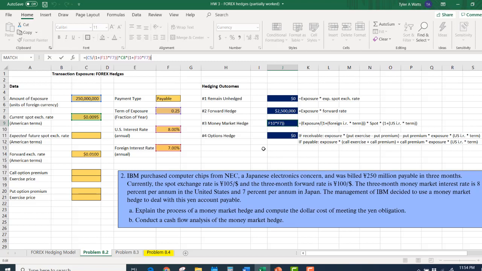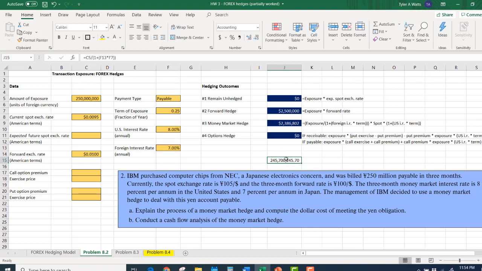And remember, we're basically saying what's the present value that we'd have to borrow today to invest at the Japanese rate of 7% and come up with 250 million yen in 3 months. Right, and we could break the equation down. We could say 250 million yen divided by 1 plus the Japan rate times the term.